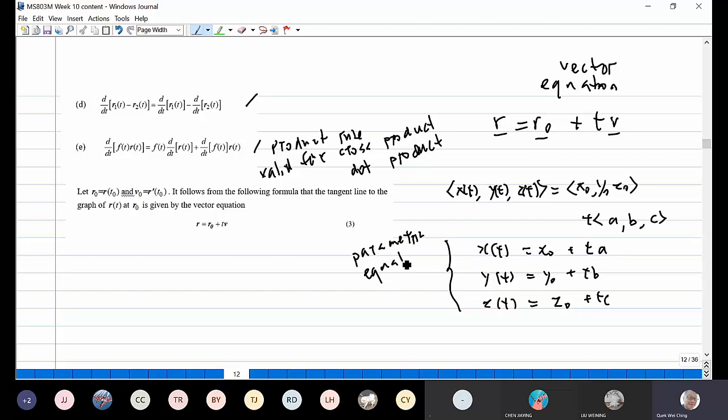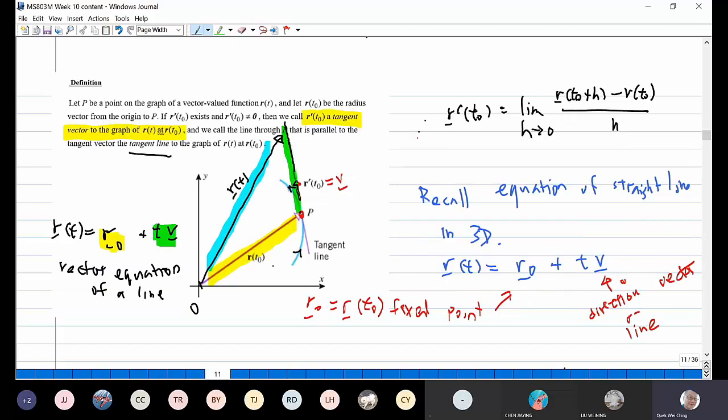This equation is called the parametric equation of a straight line, just like you did last time. From here, we can do a sample of this and see how to find the equation of a straight line. So far, this is just an explanation of how to use this to find the equation of a tangent line, how to find v, and how to find r0, the fixed point.